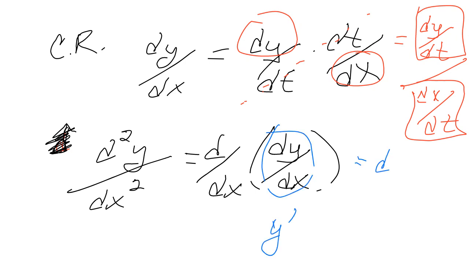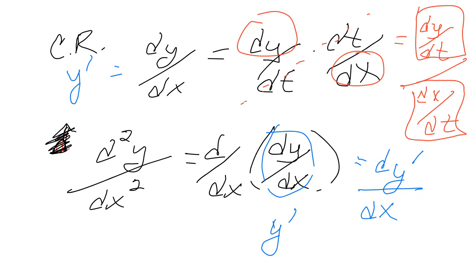So it's the derivative of y prime, dy prime over dx. And of course, we know what y prime is; it's what this one is.